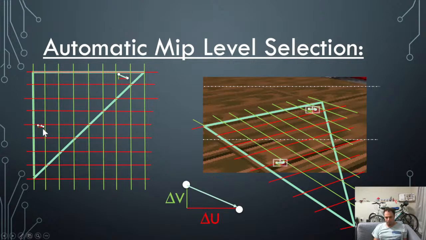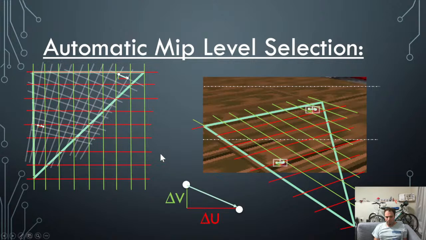And the same is true here. We see that this one takes more texture space because it's further away. Backwards projecting, it gets bigger, and this one is closer, so it's smaller. This is a depiction of how our triangle looks when backwards projected onto the UV space, or the density.